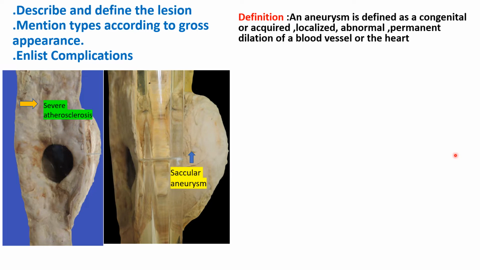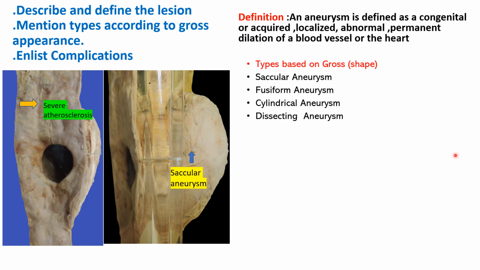Mind you, the aneurysm term is applied to the blood vessel as well as to the heart chambers. Now, based on the shape of the aneurysm, they are called as saccular aneurysm, as in this case, fusiform aneurysm, cylindrical aneurysm, and dissecting aneurysm.